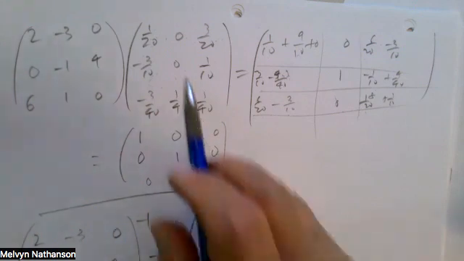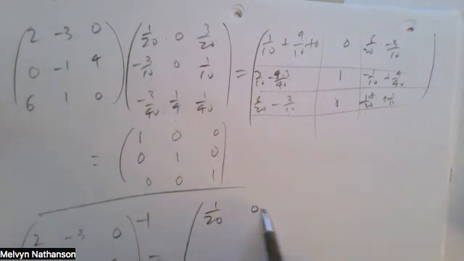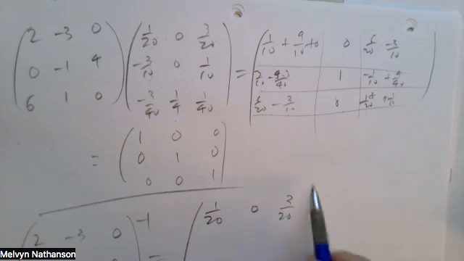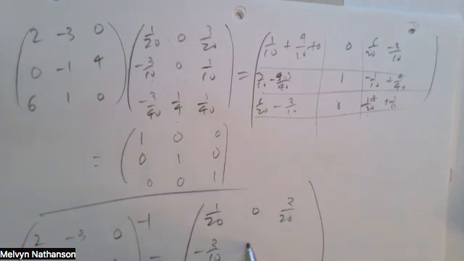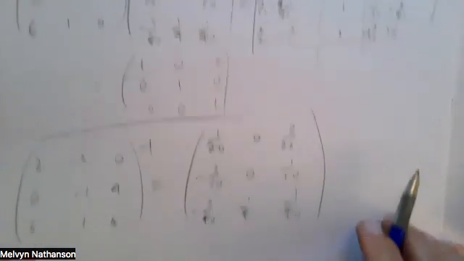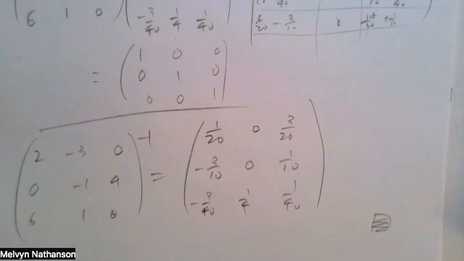The inverse of this matrix is 1/20, 0, 3/20, minus 3/10, 0, 1/10, minus 3/40, 1/4, 1/40. That's the inverse. All right. So again, if you can't add and subtract fractions, you're not going to do well with this, but this does work.